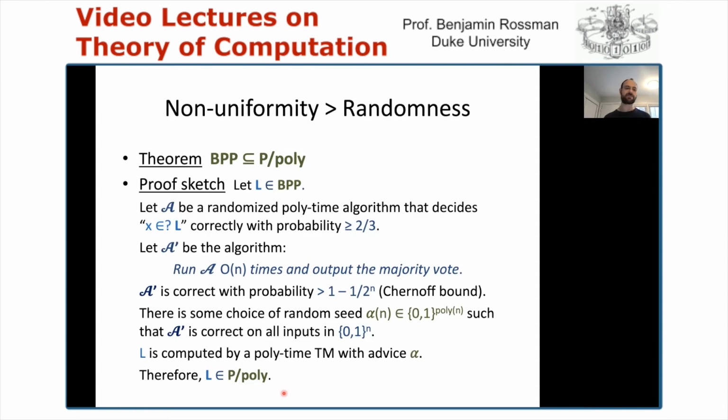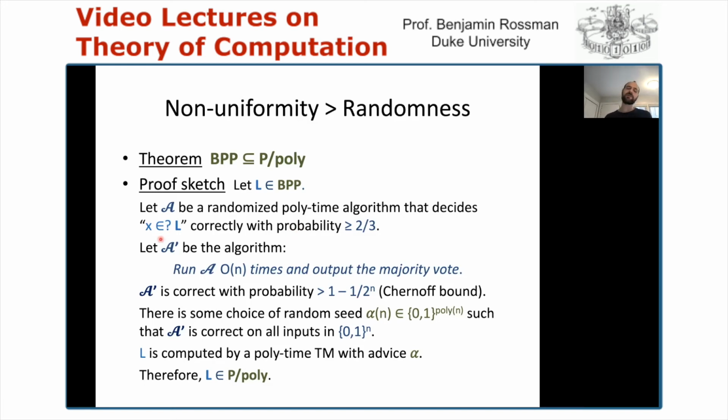So here's a sketch of the proof. Consider a language L in the class BPP. This means that there exists a randomized polytime algorithm A that decides membership in L, and it gives the correct output with probability at least 2/3 for any x.